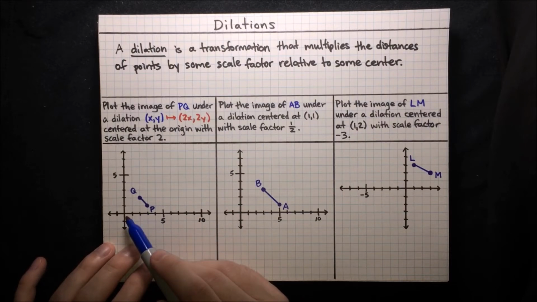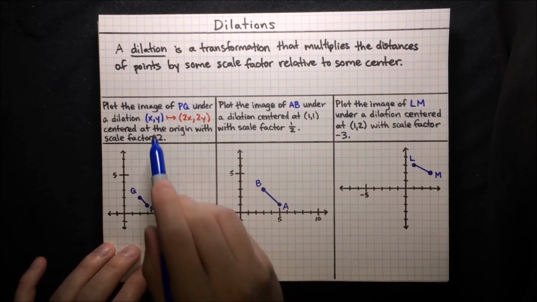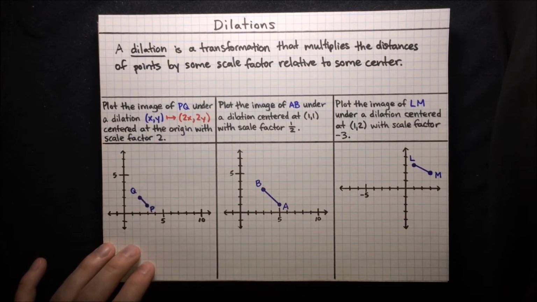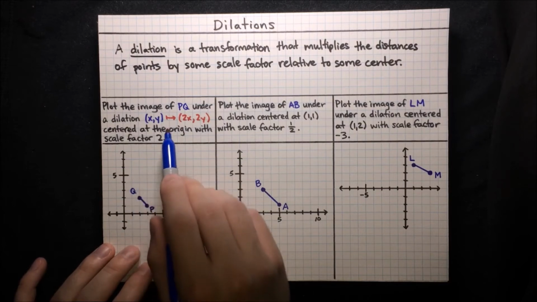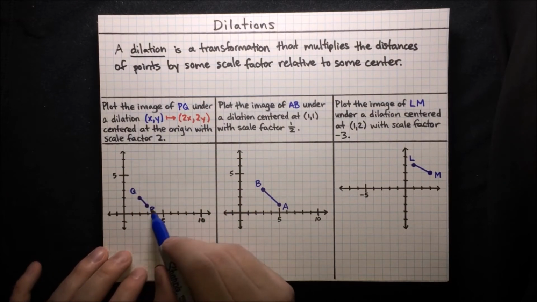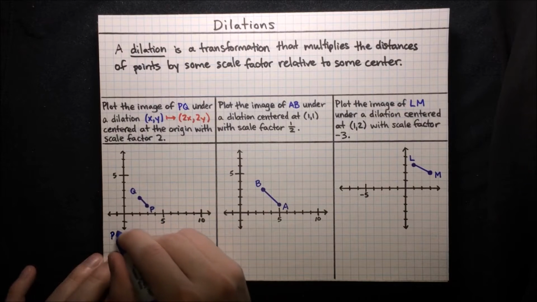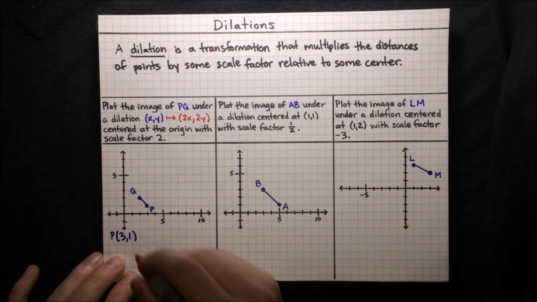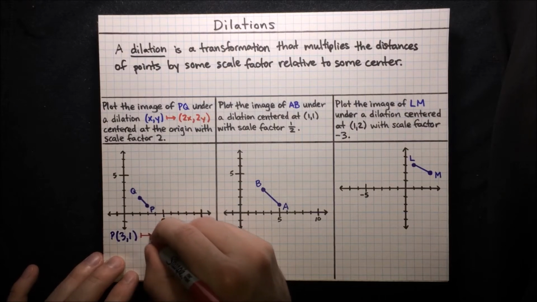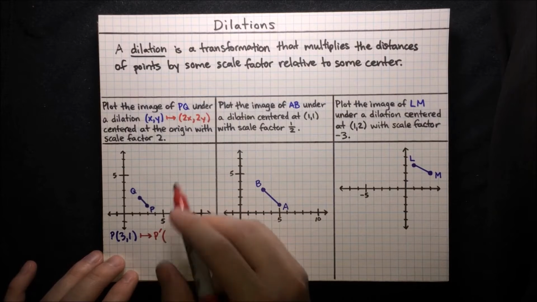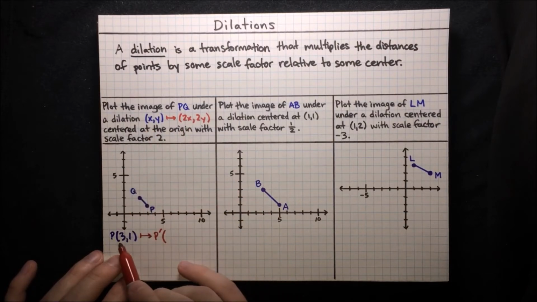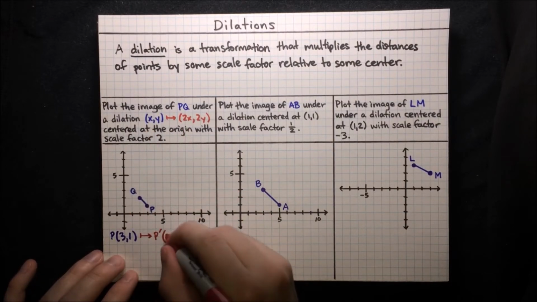We're given the dilation in function notation here, (x, y) maps to (2x, 2y), so we can figure out the image of PQ by just running the endpoints P and Q through that function. First, let's take the endpoint P. P is the point (3, 1), and that gets mapped to the point P prime, which according to the function takes the original x coordinate, which is 3, and multiplies it by 2.